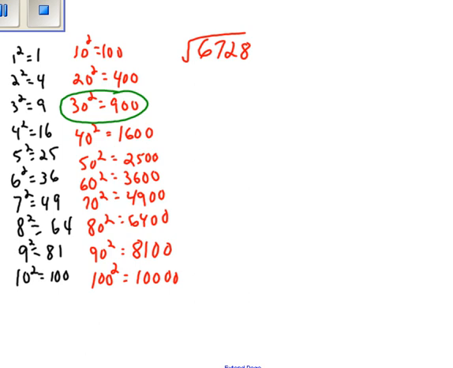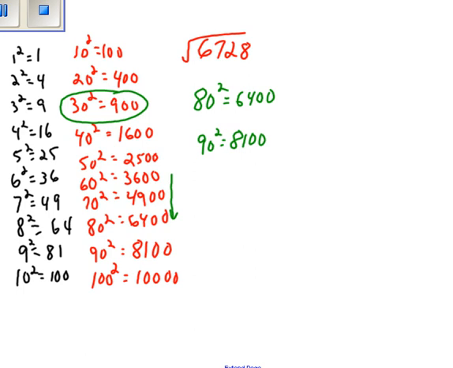It's probably going to be at least 80 squared, because we know that 80 squared is equal to 6,400.